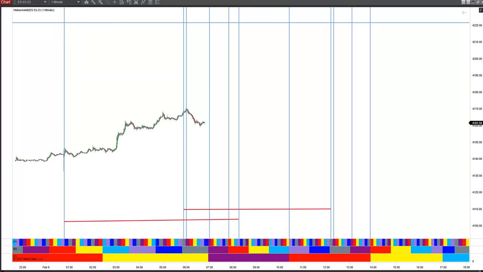So moving forward, looking for the next red P2 segment takes me to here around 7:50 where that starts. And then right there at the light purple block is the match on the P1 and P2 segment. So I'm going to drop a vertical line there. That's going to be about 8:15, and then I'm just connecting those two lines with a red trend line just to show that those are the connected points.